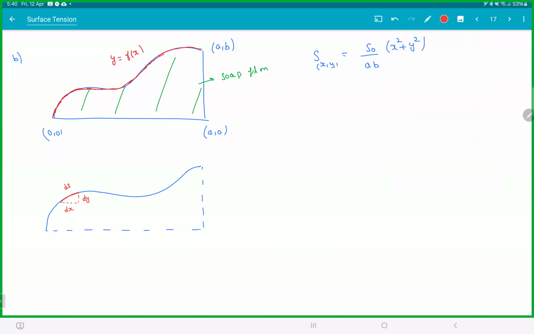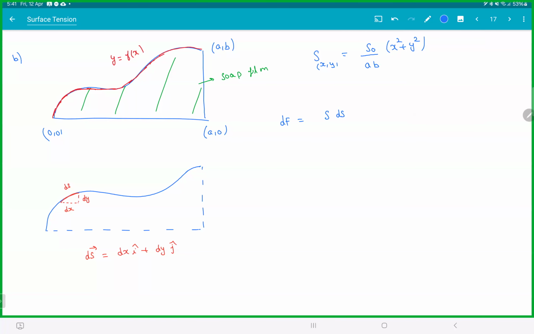Basically, this is your length ds. So ds vector is dx i cap plus dy j cap. So force on that small section will be surface tension S into ds.